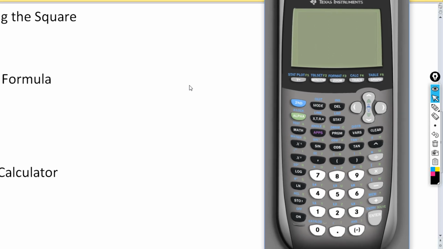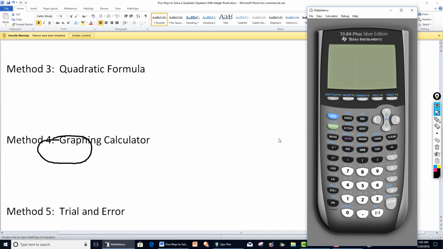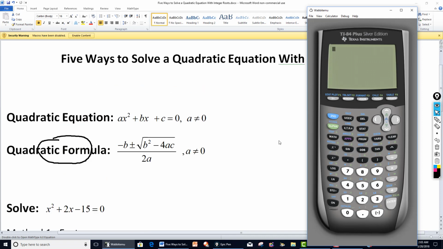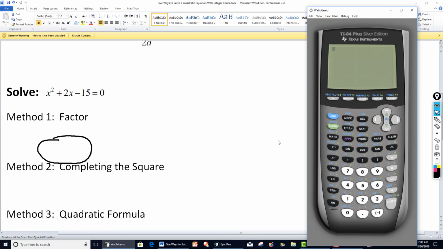Okay, and this one is based on one of the theorems from algebra, the rational zeros theorem, which tells you if you have a polynomial, which we have here. So we're looking at this part right here.